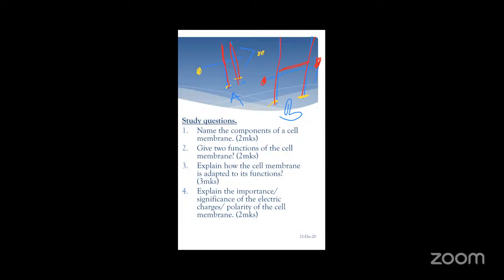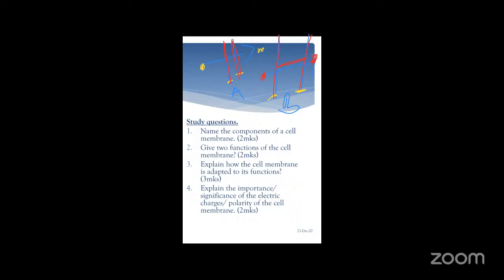This concept is very important because we are going to talk about it when we talk about diffusion and osmosis, and especially diffusion, because diffusion is the movement of materials, and then we are going to see the importance of a cell being thin. So I hope that one is well understood and we can do the other question.